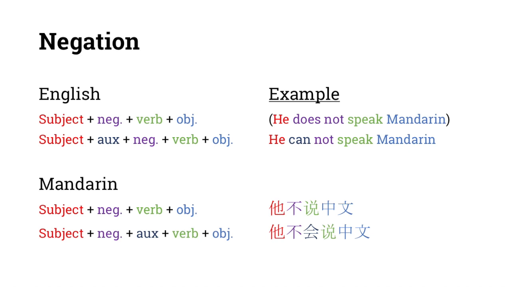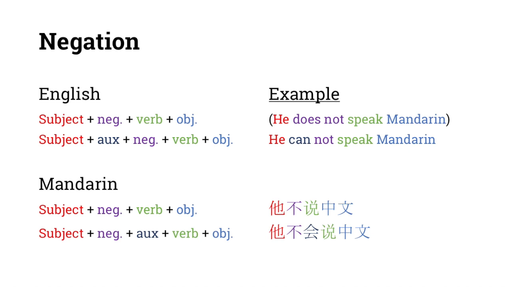We say he does not speak Mandarin. We don't just say he not speak Mandarin. In Mandarin, however, we do just that. We say 他不说中文. Literally, he not speak Mandarin. So the exact same order, but no extra verb. So that does goes away. The bu stands on its own.